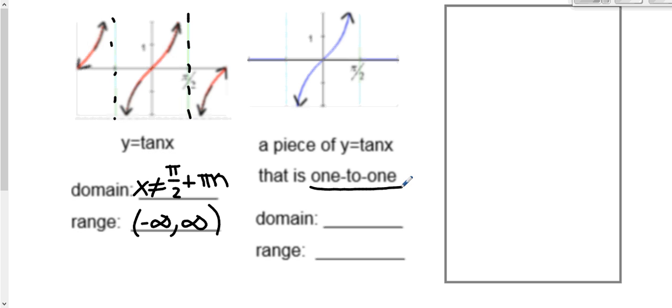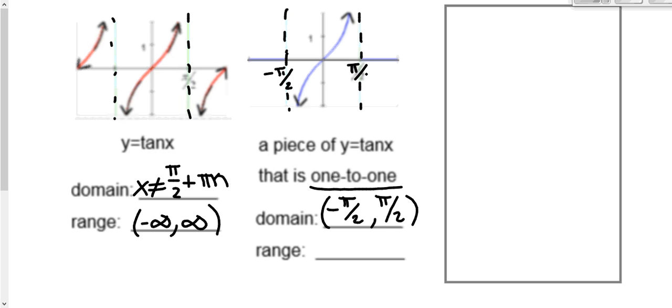So the domain of this piece would be negative pi over 2 to pi over 2. We don't include the endpoints in this case because that's where we have the vertical asymptotes. So round brackets, not square, on that domain. And then the range is still all real numbers.